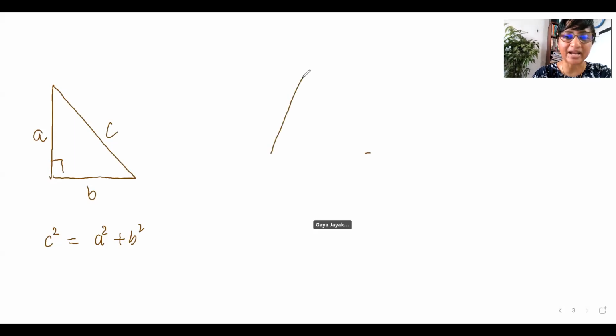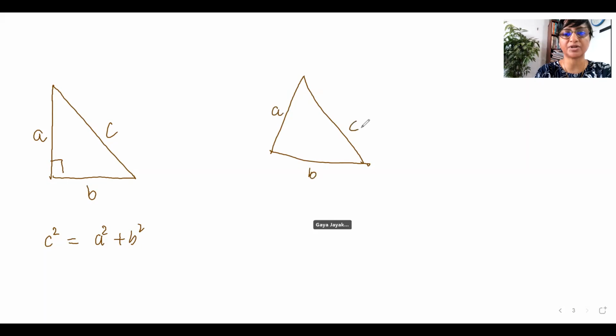Now, if you have a random triangle, not a right angle triangle, ABC, so none of the angles are right angles.